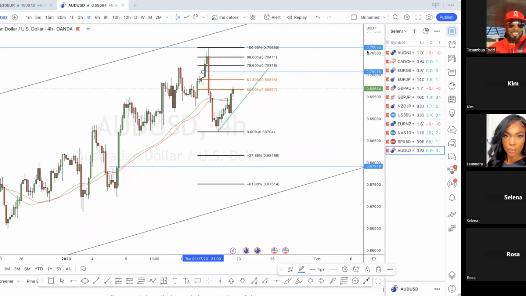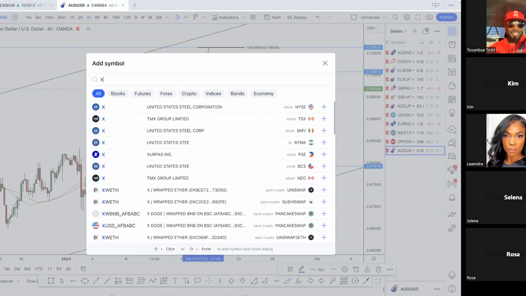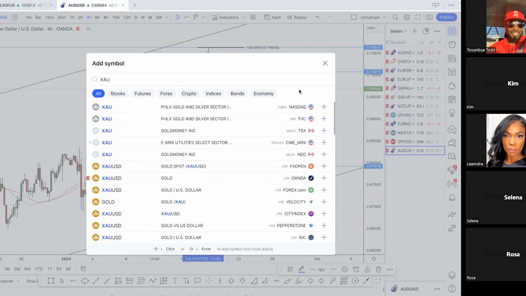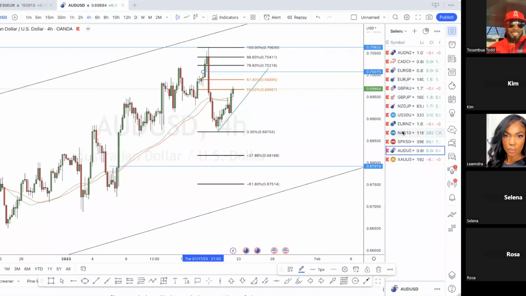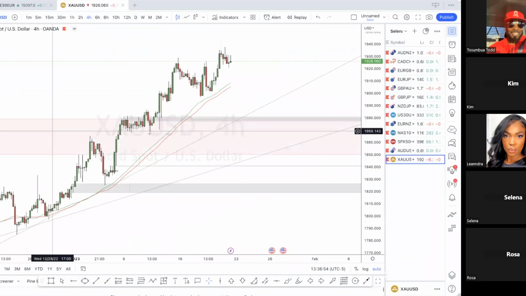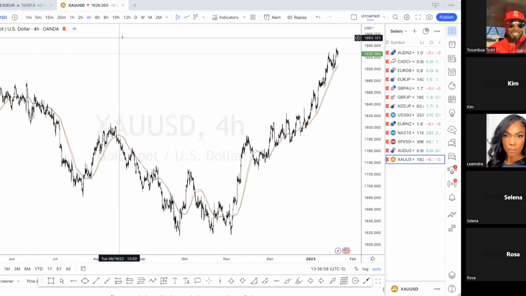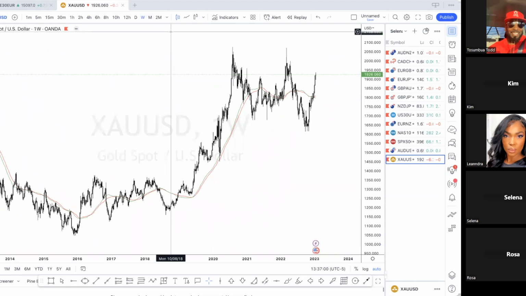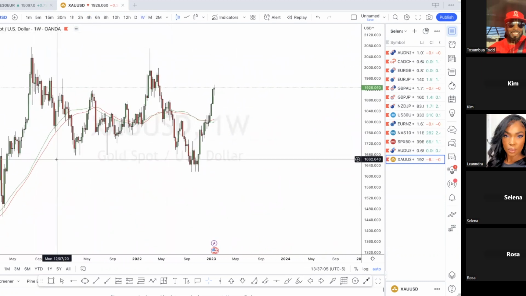Gold. Let's see. XAU. Yeah. Okay. Go to the weekly. Gold broke these lows.